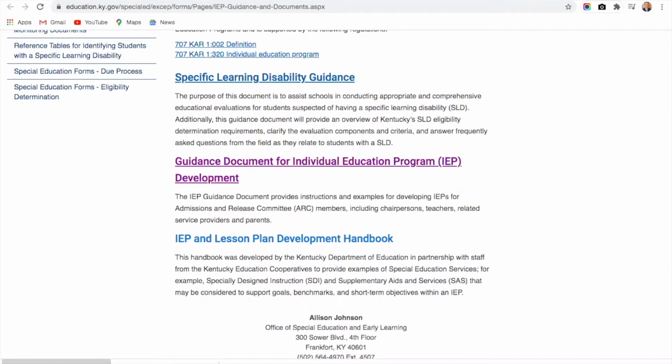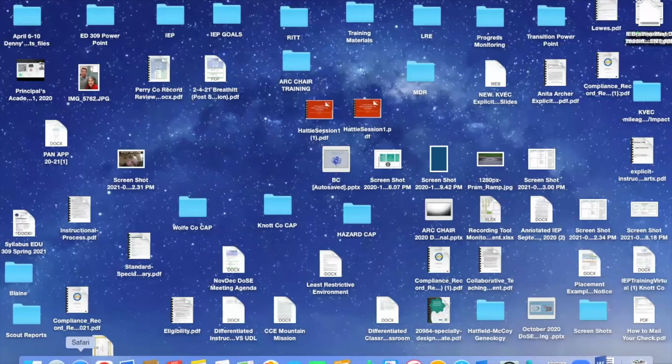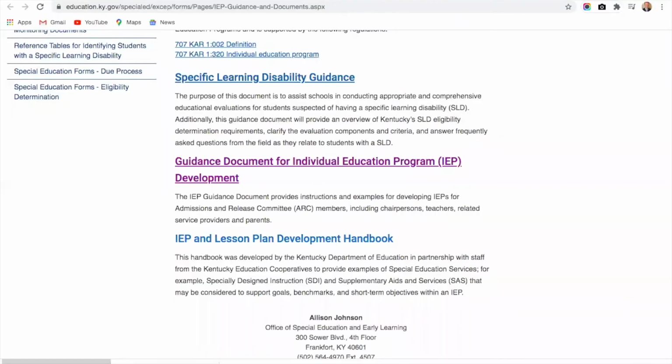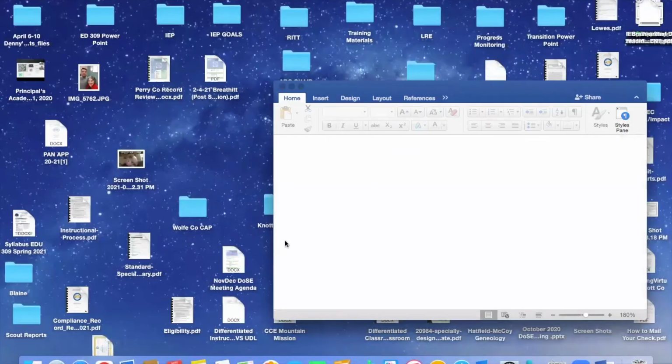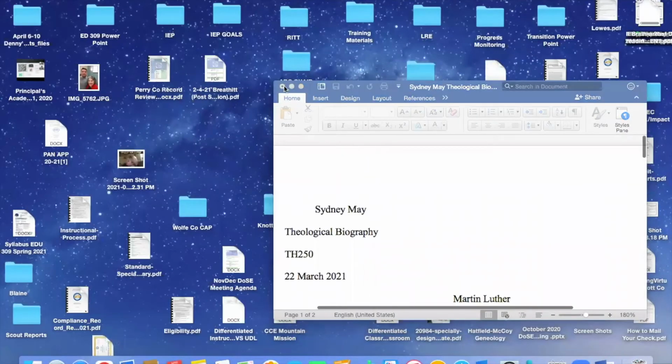And it's a little bit wonky getting it up, but I want to show you here some of the things that are included in this, if it will come up. Let's try it one more time. Maybe it's coming. That's not it.